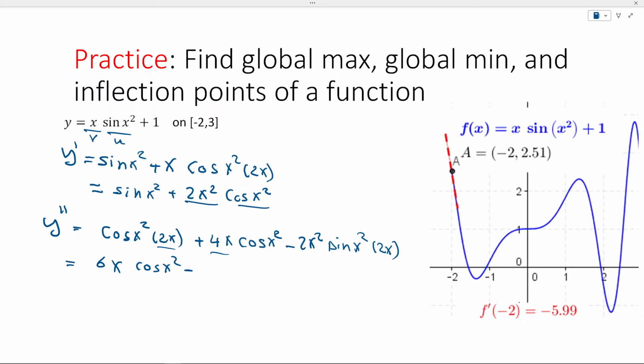So that should be minus 4x to the power 3 sine x squared. Yeah, that should be this guy here. Okay.